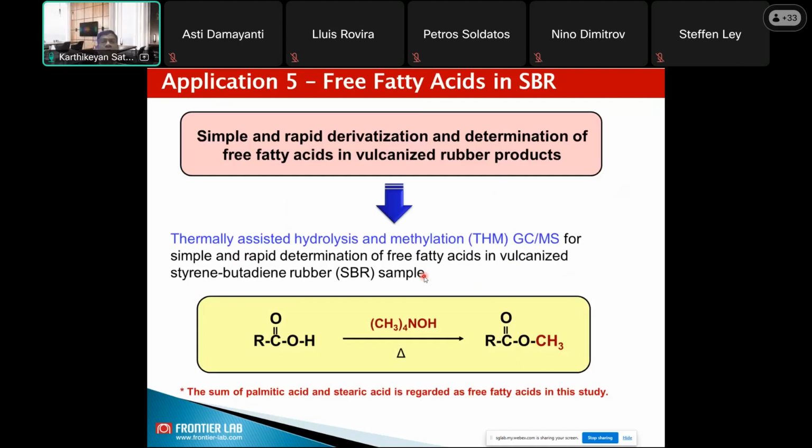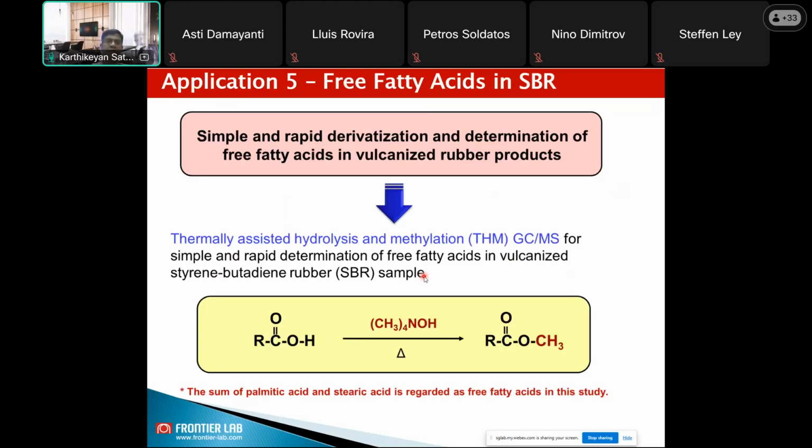Now, certain additives also require this approach, where you can have better data quality in terms of accuracy and precision. The first example is the free fatty acids present in styrene butadiene rubber. Again, we will show the difference of normal thermal desorption versus the reactive pyrolysis approach.